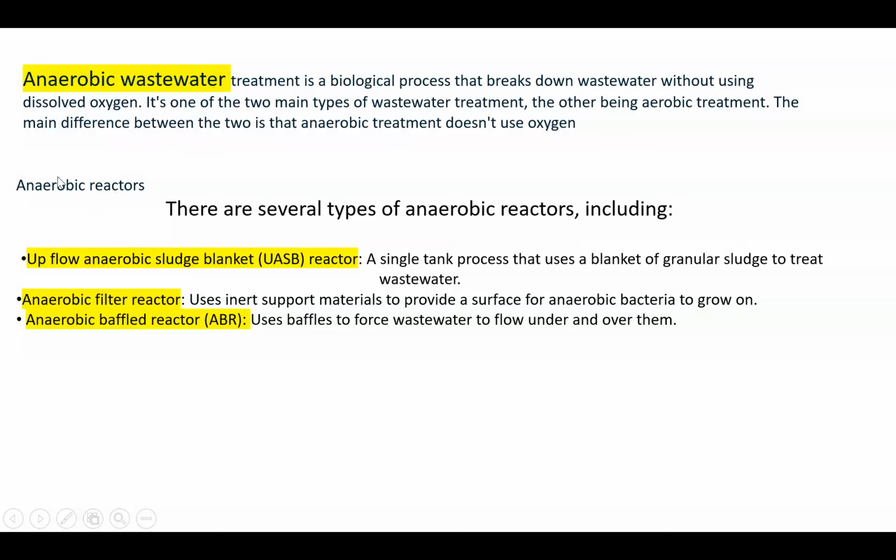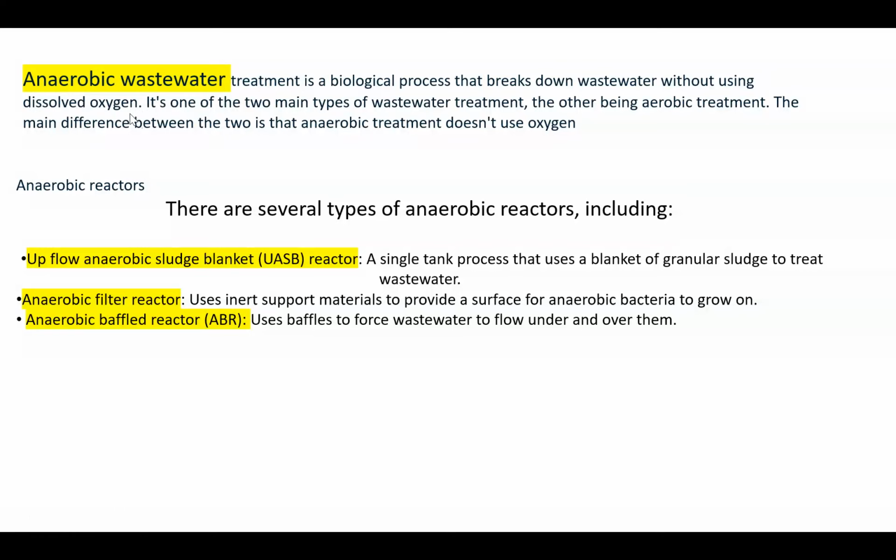Okay, now we'll go for the anaerobic wastewater. Here we discuss anaerobic wastewater treatment. So what is anaerobic wastewater treatment?